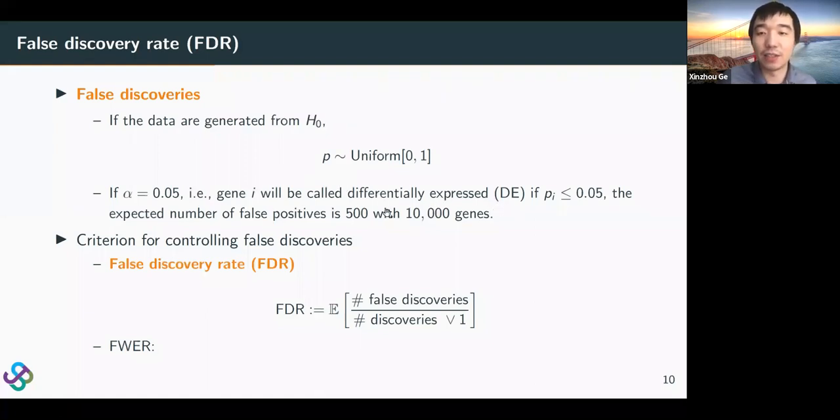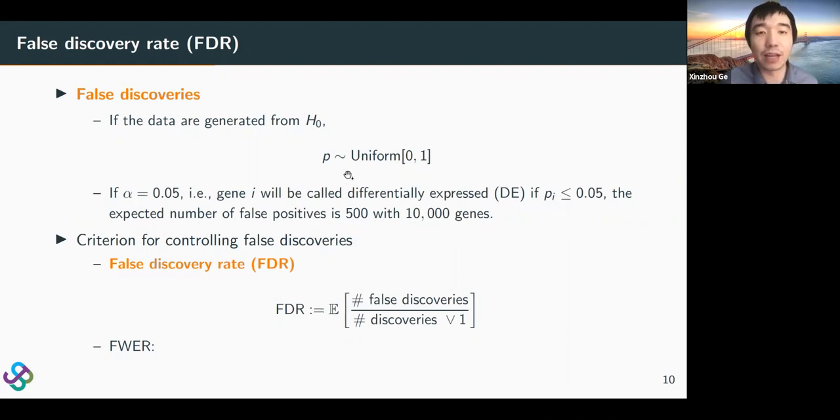So with, for example, 10,000 genes, the expected number of false positives is 500 when these 10,000 genes are all non-DE genes, because 5% of them will have a p-value smaller or equal to 0.05.